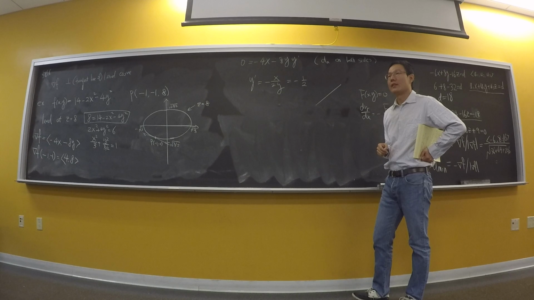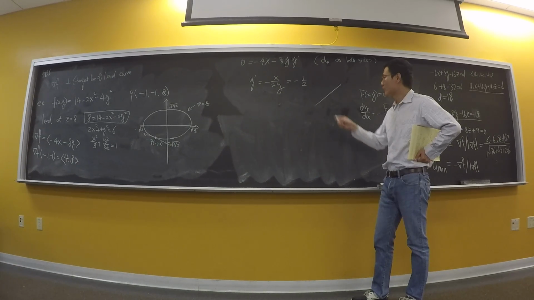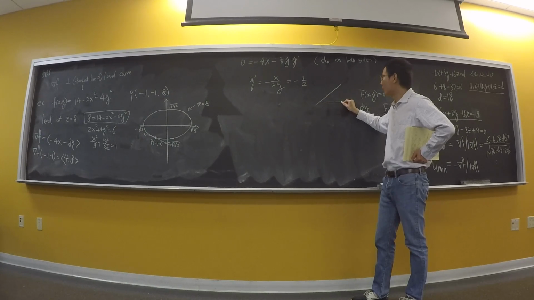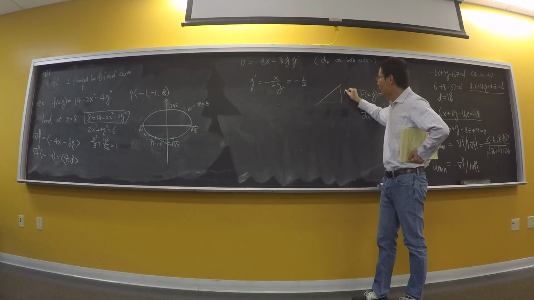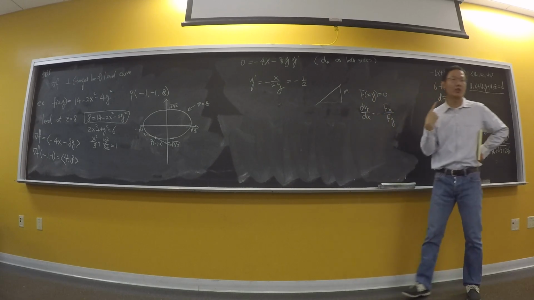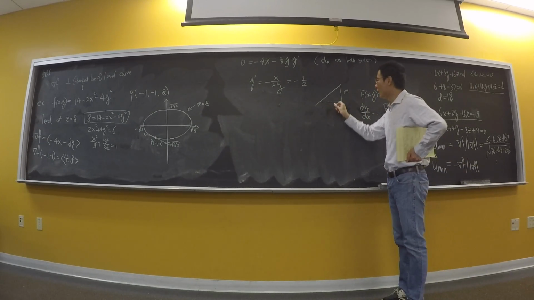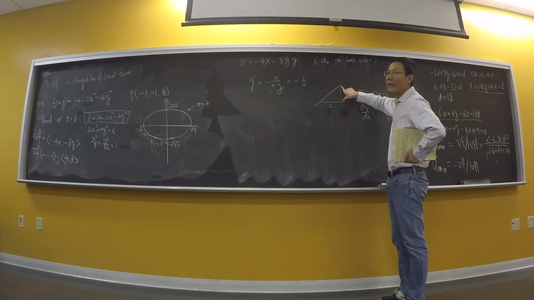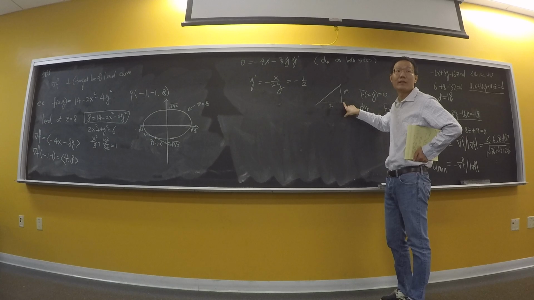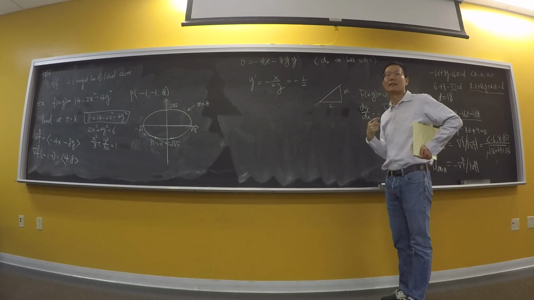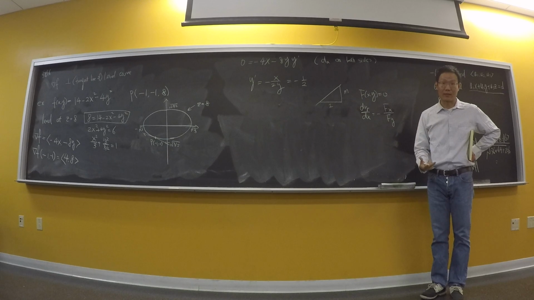If the slope of a straight line is m, it means that if you increase x by 1, y will be increased by m. If m is positive, y increases; if it is negative, y will be decreased by the absolute value of m. That's basically what the slope of a tangent line, or of any straight line, is about.